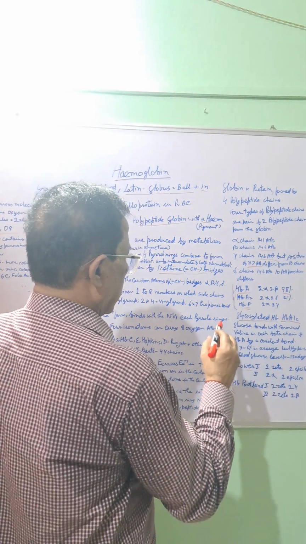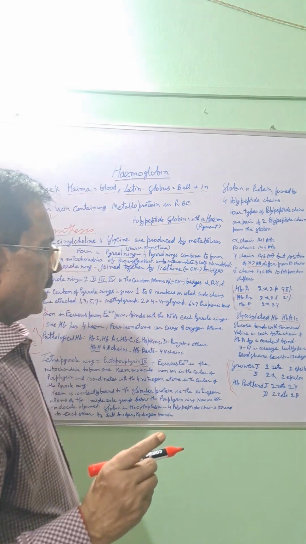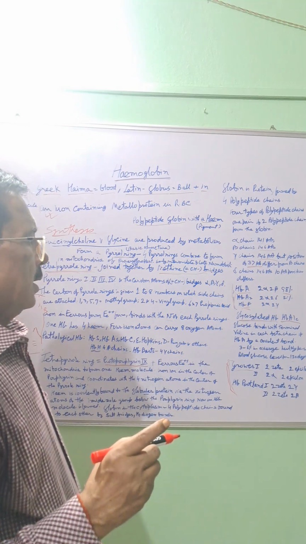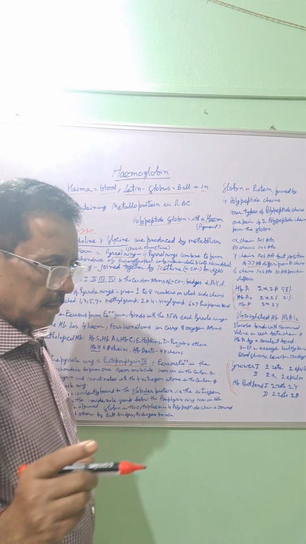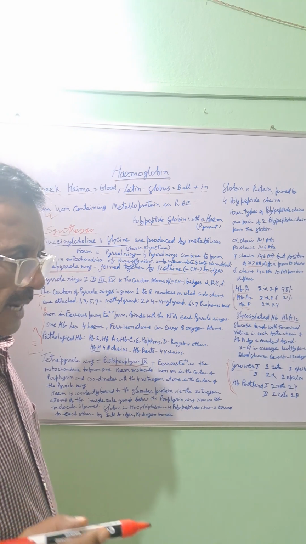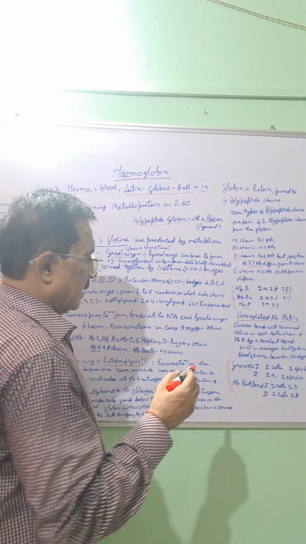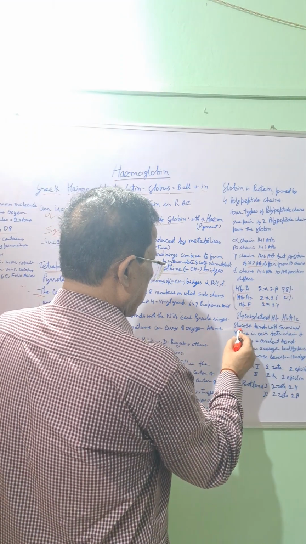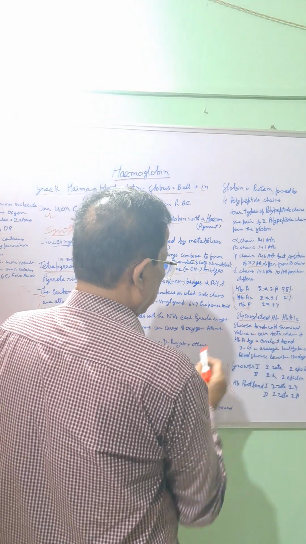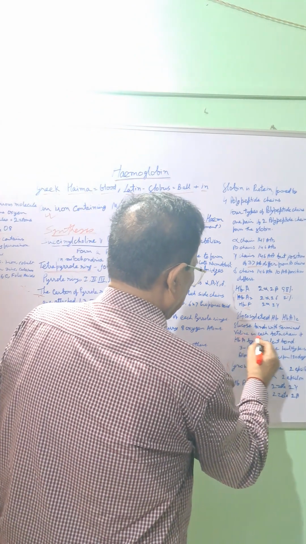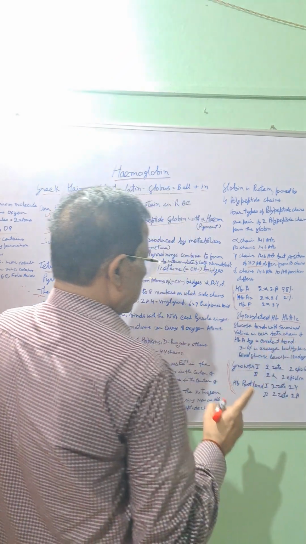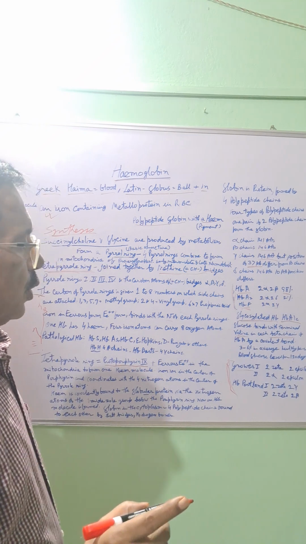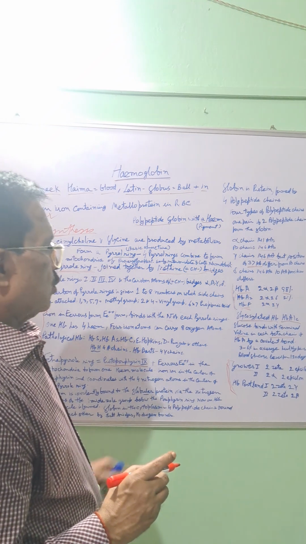And one more is glycosylated hemoglobin. HbA1c is important because it is examined for diabetes mellitus. Here, glucose binds with the terminal valine in each beta chain of hemoglobin A by a covalent bond.